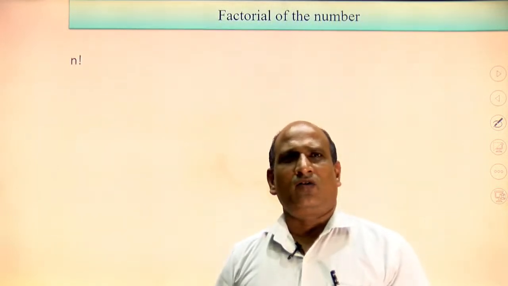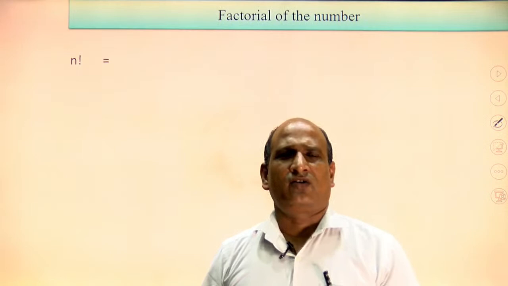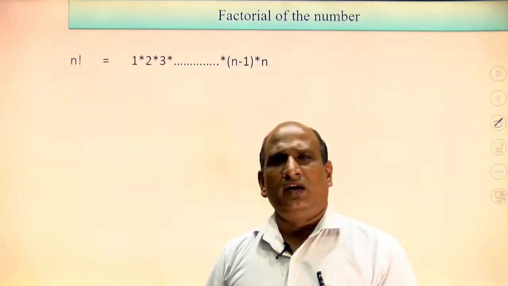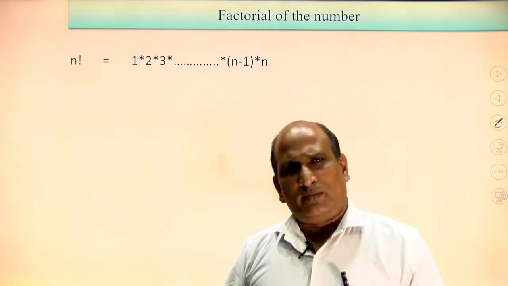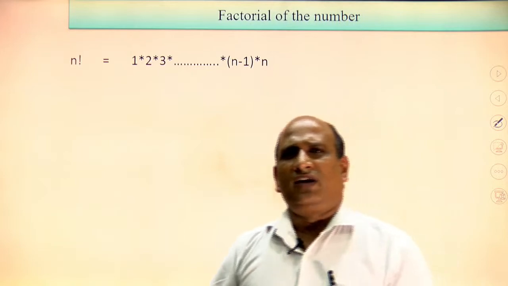If we want to calculate the factorial of a number, as we all know mathematically, factorial of n equals 1 into 2 into 3 up to n, we multiply all the numbers and we get the factorial.